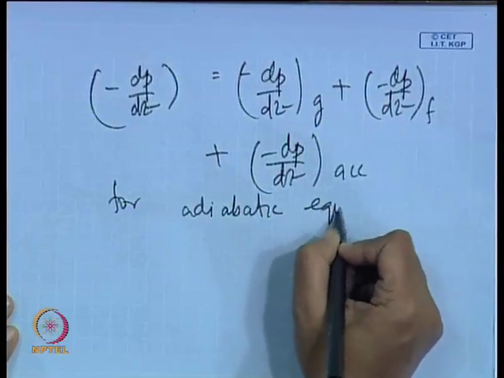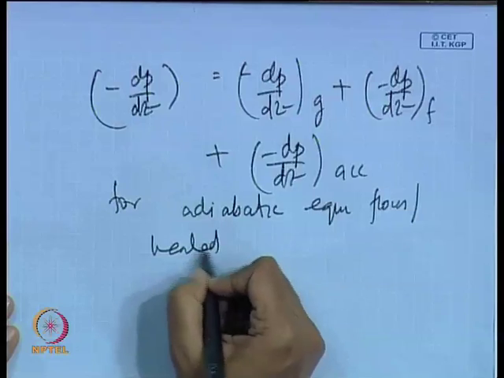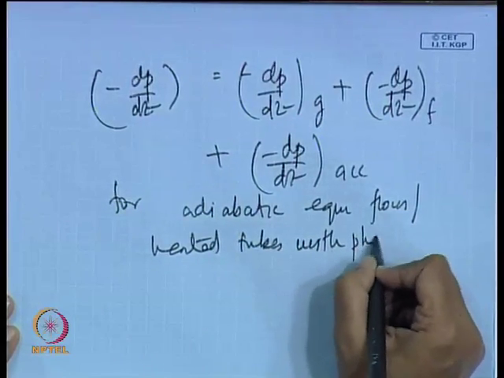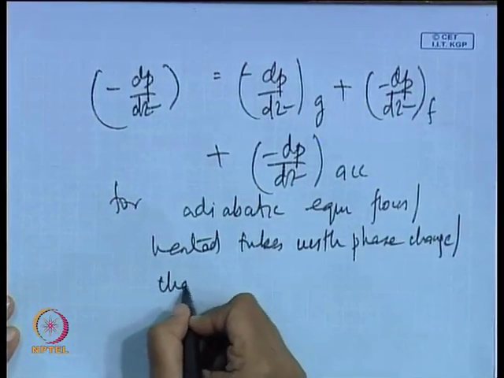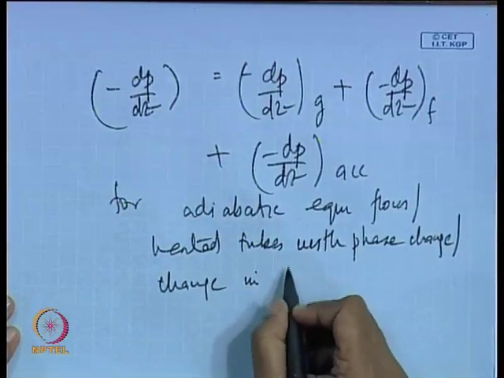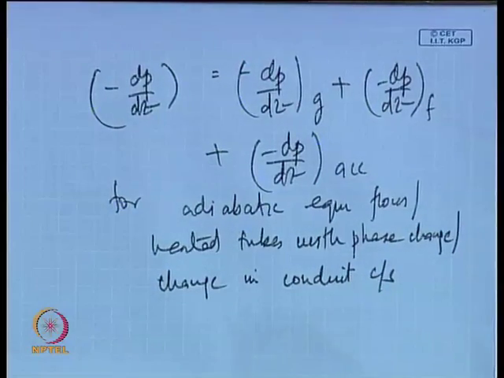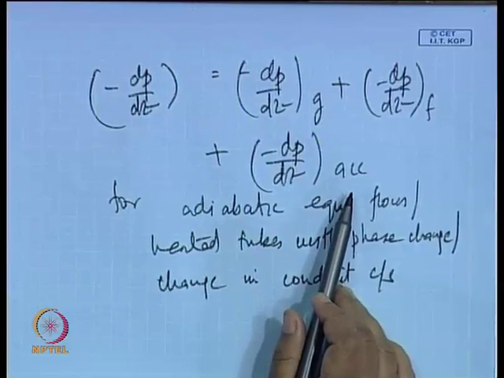For adiabatic equilibrium flows, heated tubes with phase change, as well as change in conduit cross section, for all such cases, we do have an acceleration pressure gradient.